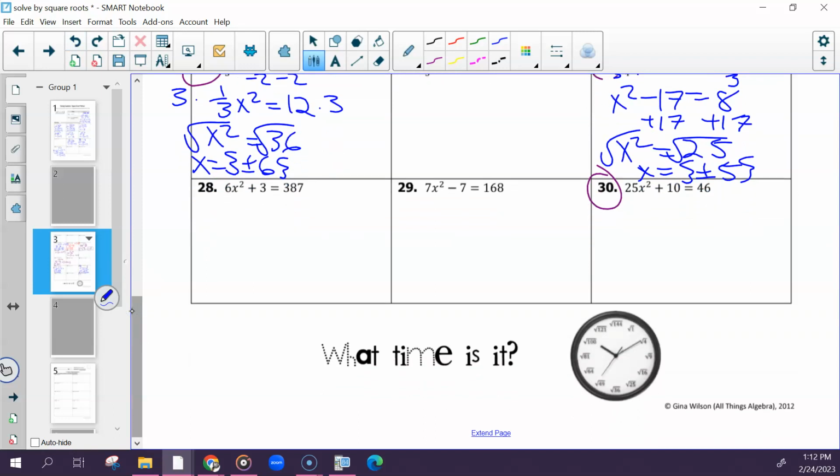Okay, for 30, how would we do that? I don't know why I put 35. I meant 25. Anyway. Divide by, what is it, 25? Take the square root of both sides.